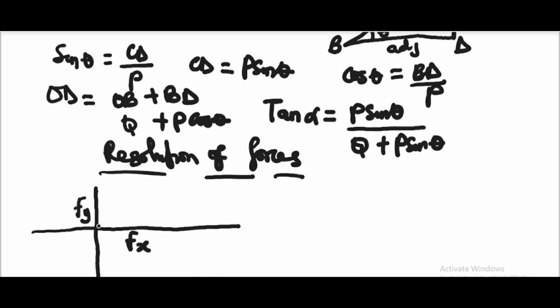Fx. Now, if this is the resultant, my interest is on the what? On the angle theta, which is the angle that this resultant force makes with the horizontal. So if this is my Fy, this is also my Fy. The reason why I'm putting this here is so that we can easily relate and resolve.